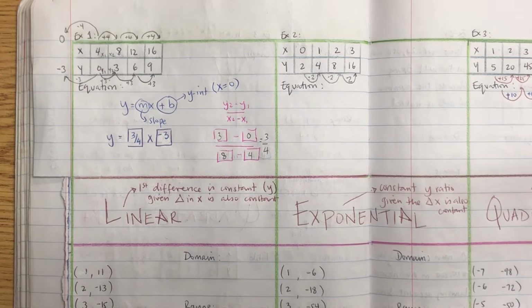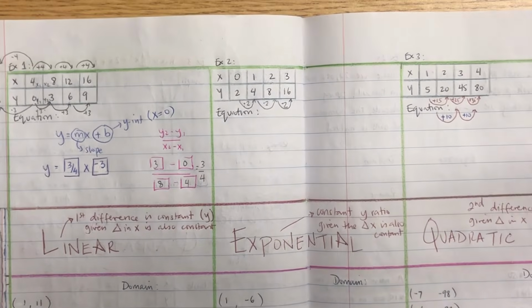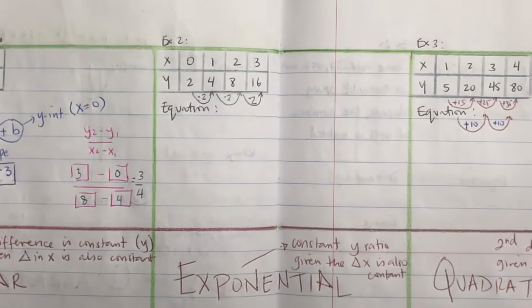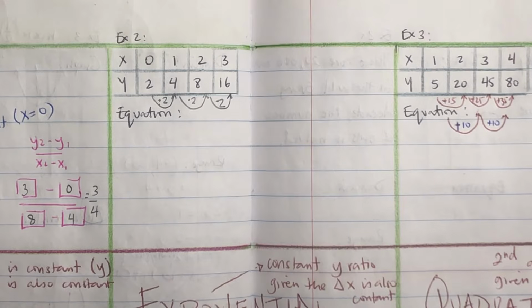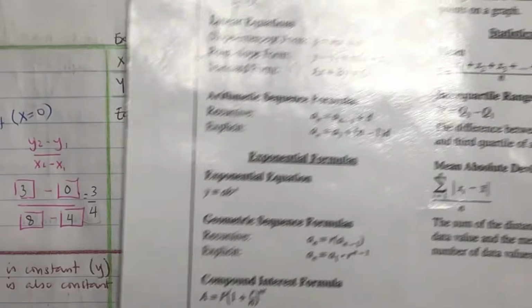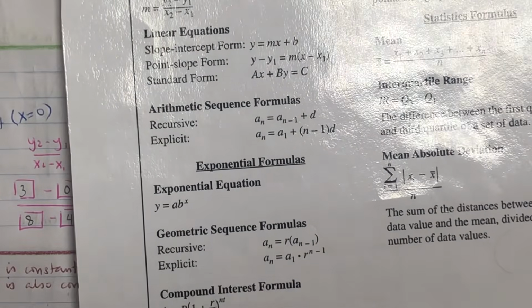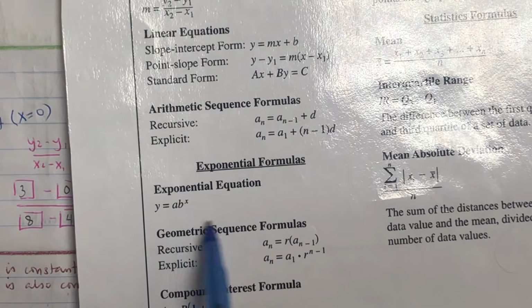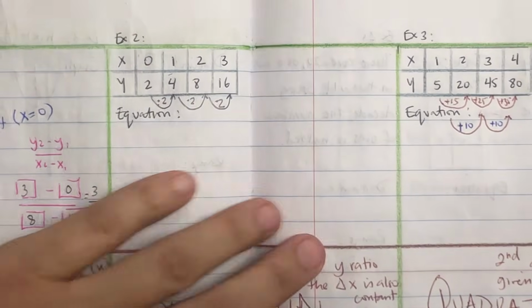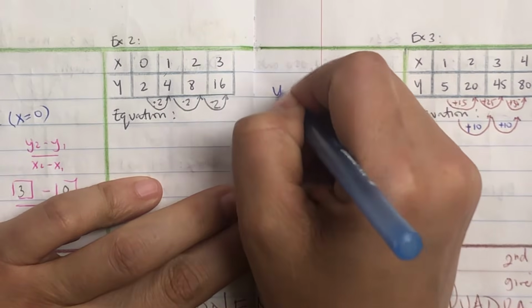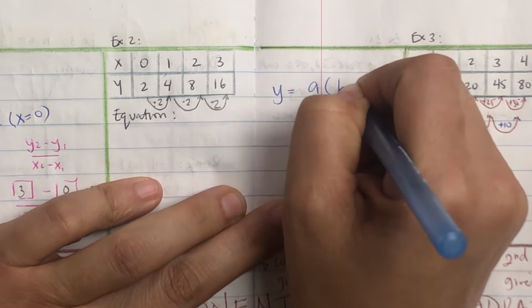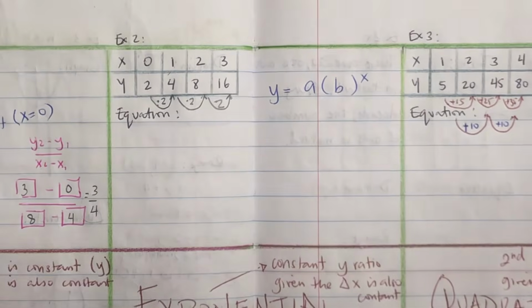How do you write an equation from a table for an exponential function? You start off by writing your equation for an exponential function right here. So you write it down: y equals a b to the x.